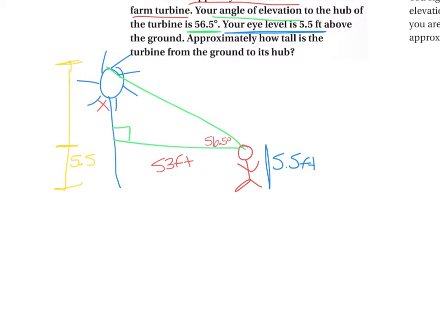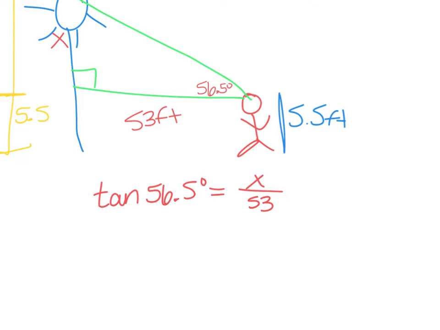That would be tangent. So you're going to have the tangent of 56.5 degrees equals the opposite side on top, so x over 53. Now we're ready to solve it. We multiply both sides by 53 and stick that in your calculator.